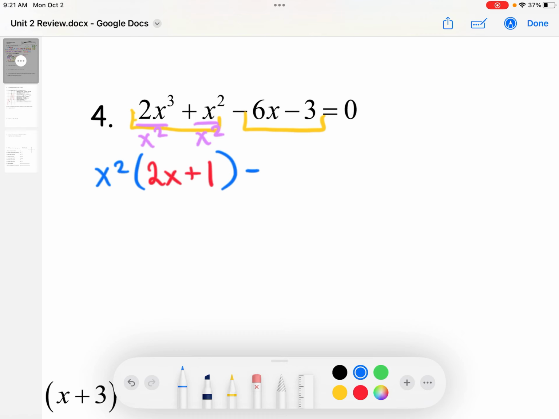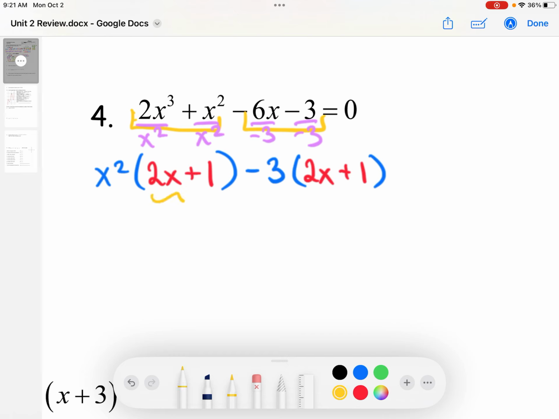That's a negative. Negative 6x minus 3 has a greatest common factor of 3. Factor that out. Divide each of those terms by negative 3. Watch that negative. Negative 6x divided by negative 3 is positive 2x. Negative 3 divided by negative 3 is positive 1.